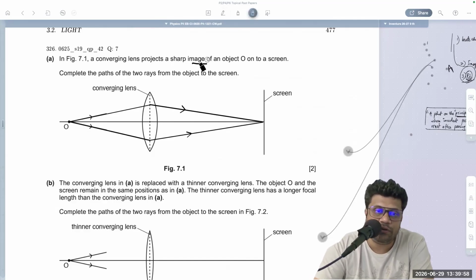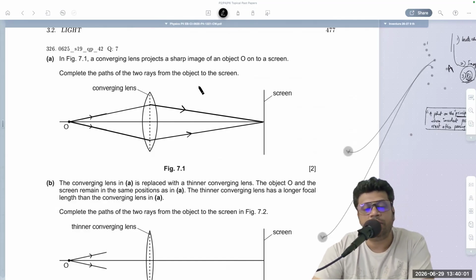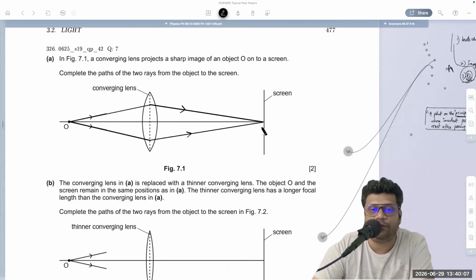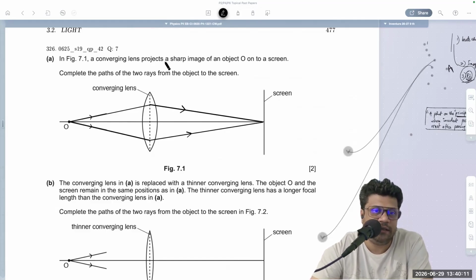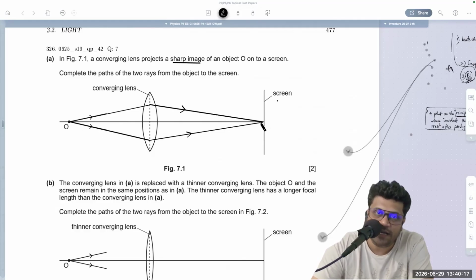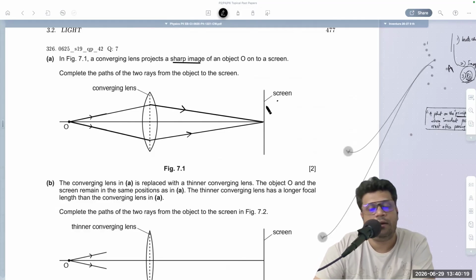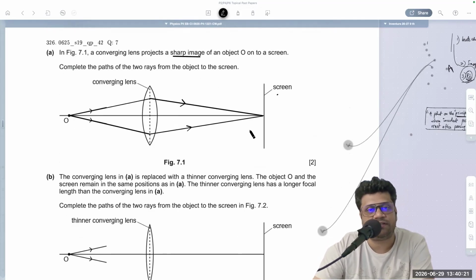I don't see any of the rules being used here to create the image. The only idea we have used is that a sharp image can only be created on the screen if the rays from the object have met at the screen. So that was your sketch.